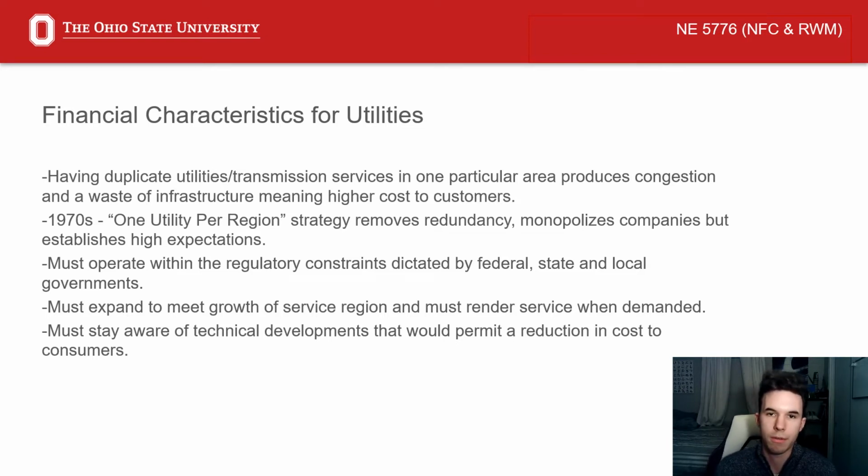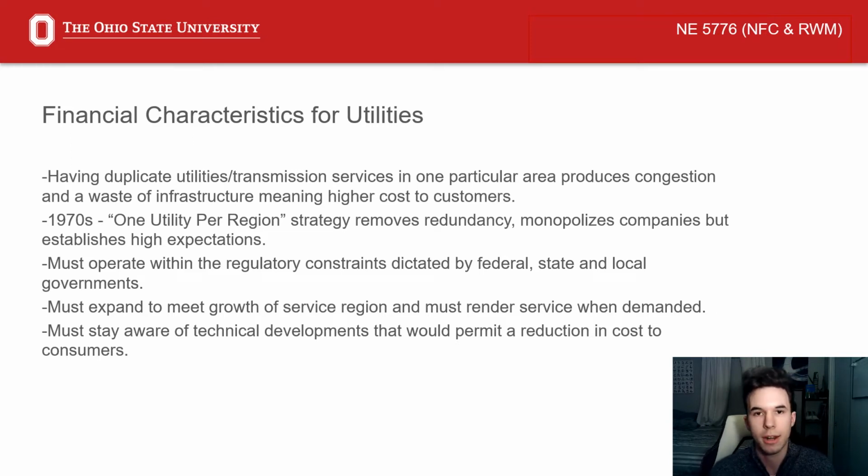If we were to look back several decades ago, in a period before the 1970s, the government, at least in the U.S., realized having multiple utilities, or rather duplicate utilities and transmission utilities and services, that kind of thing, was sort of a disservice to consumers because you're developing more infrastructure than you need to reliably deliver power or electricity to your customers.